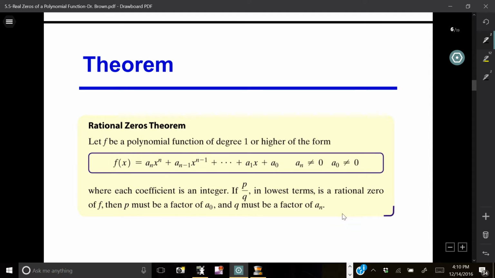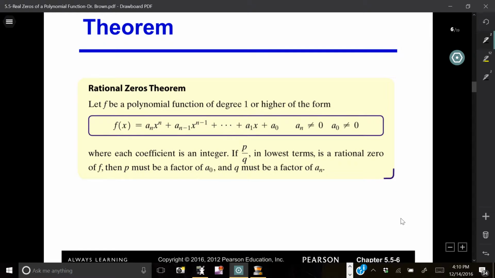Now, we're not going to use the rational zero theorem, but it is one that I actually used back when I had no graphing calculator, back at Georgia Tech a long time ago.